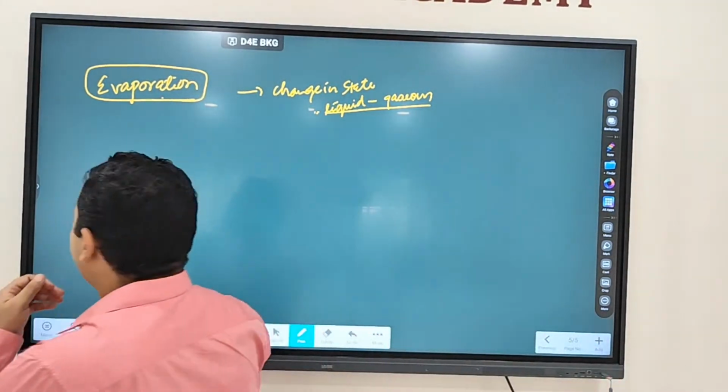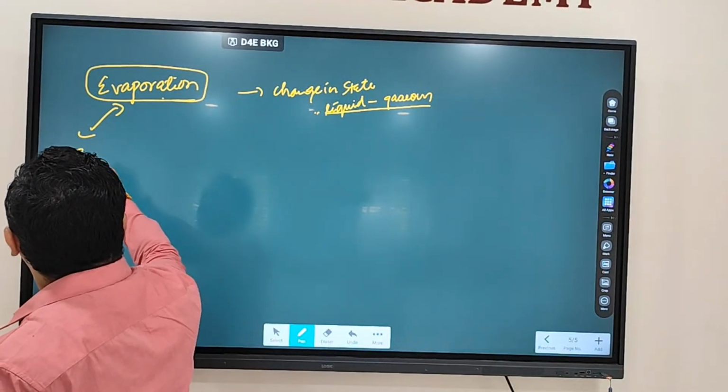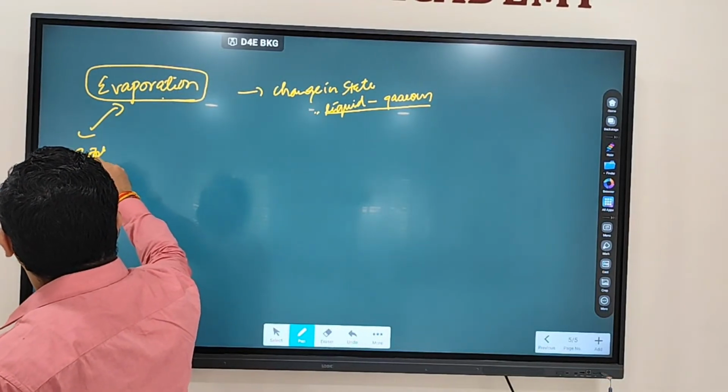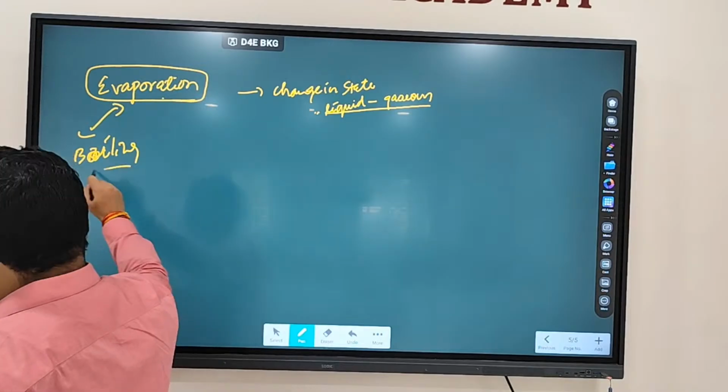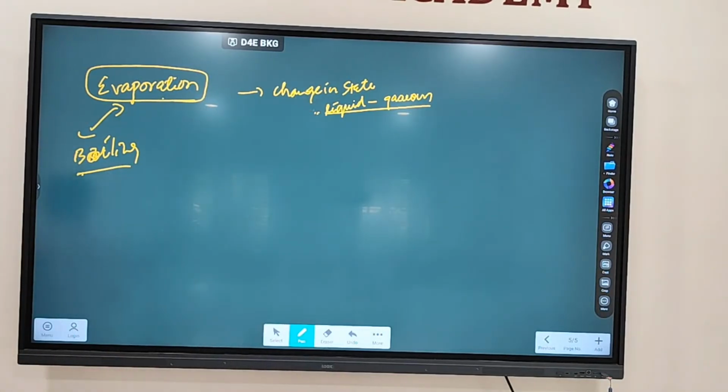Fine. What difference lies between evaporation and boiling? Evaporation is something that we observe when it is boiled. Fine. Anyone else?